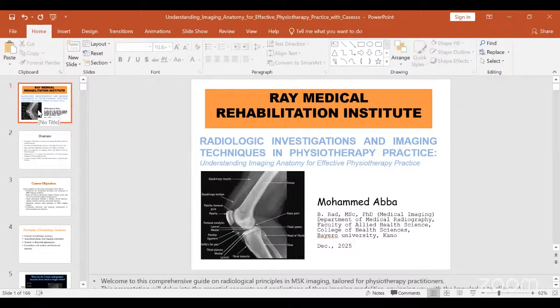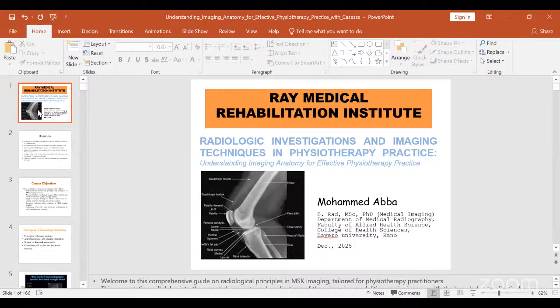So we'll be discussing radiological investigations and imaging techniques relevant to physiotherapy practice. In other words, for us to really understand anatomy as it involves the various imaging modalities we have in medicine and those that are peculiar to your day-to-day practice.